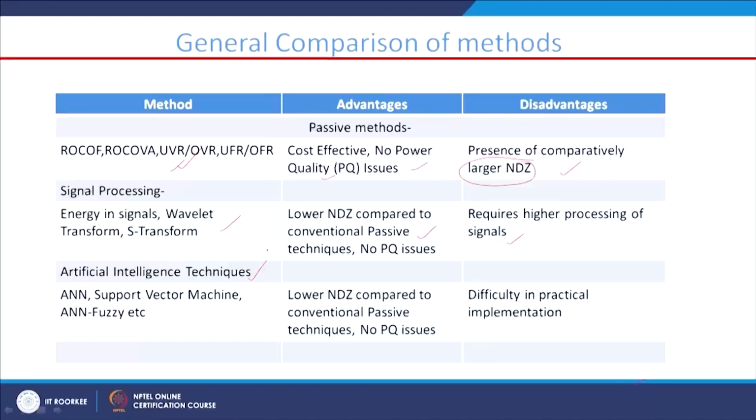For faster operation the processors should be compatible with the current trend. Coming to artificial intelligence techniques like support vector machines, neural networks and fuzzy systems, there we need a huge training data set. So, it is also very difficult in practical implementation, and those are some merits and demerits.